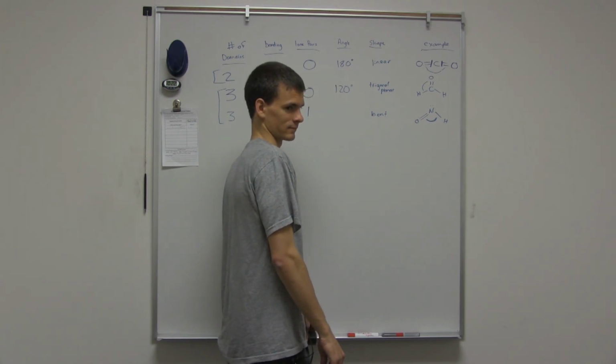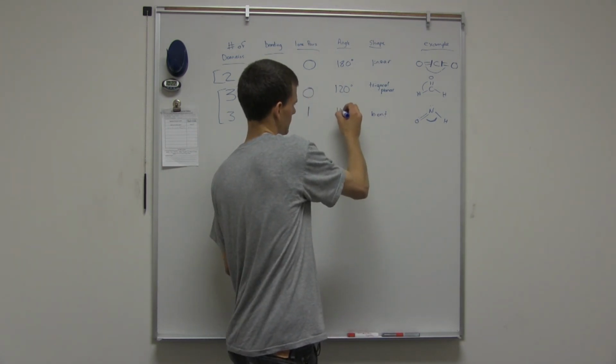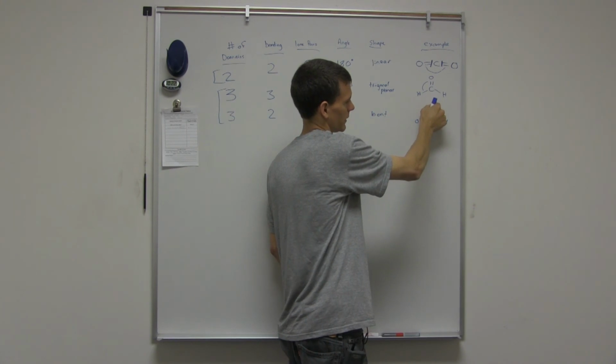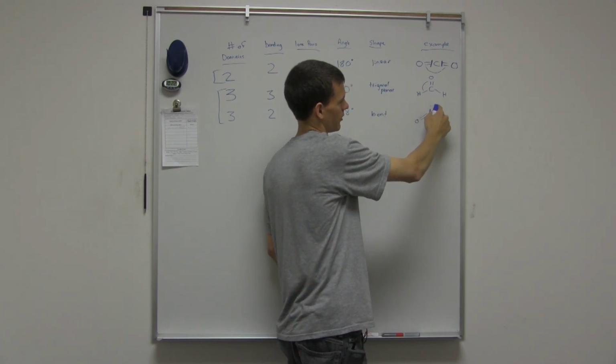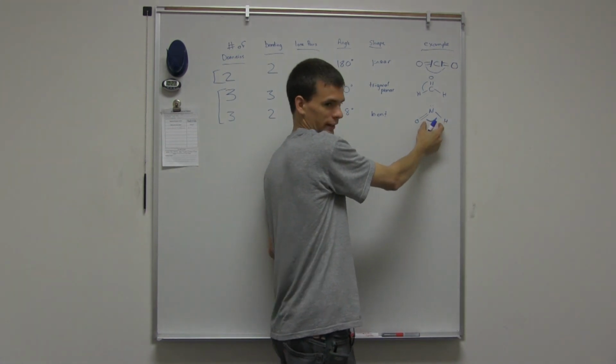So it'll be a little less than 120? Yep, it's actually 118. Because these guys, since they're not confined to a single space, they're free to roam. So they take up more space than just this bond, so it pushes these guys a little closer together.